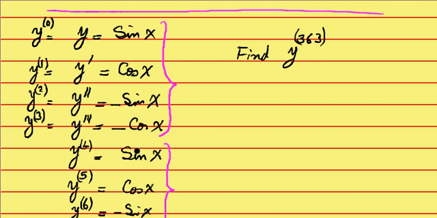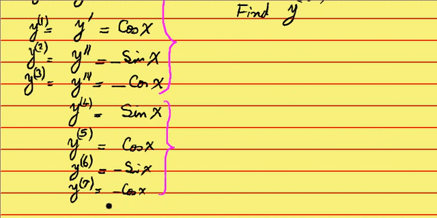Well, of course, we don't want to go through this 363 times to see what we are going to land on. If we have a cyclic pattern, we are going to make use of that. So we notice that every 4 we are going to start the game again. So y8, of course, we are back to the sine.